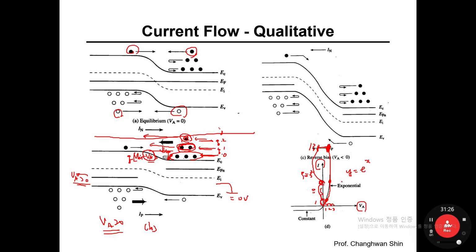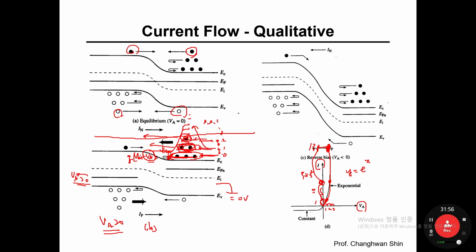So why exponentially increasing? The physical origin can be found from the Fermi-Dirac distribution, or as we have learned, how many electrons can be found at each energy state in the conduction band. In the conduction band, at every single energy state, the number of electrons is exponentially decreasing. Why is that?